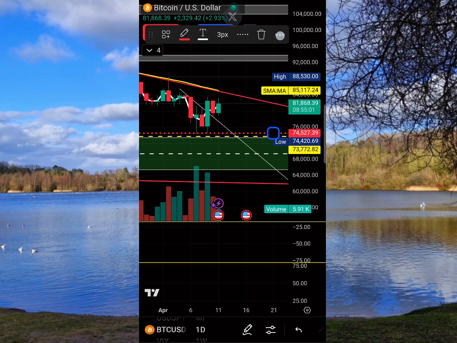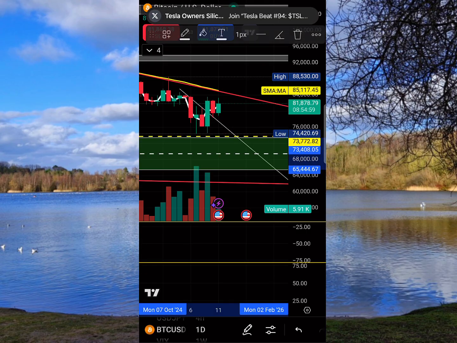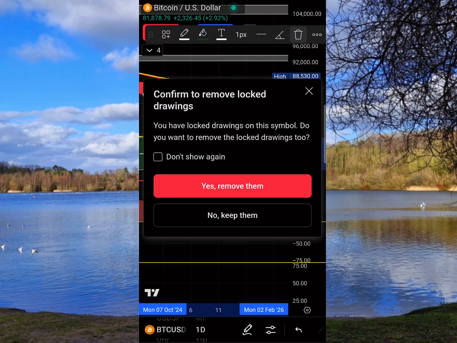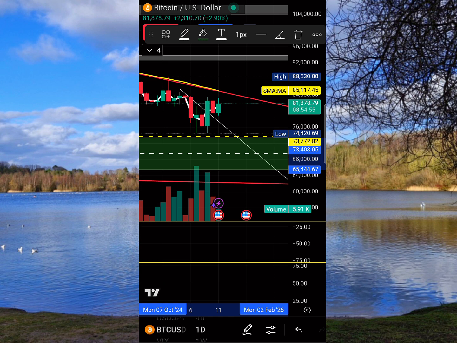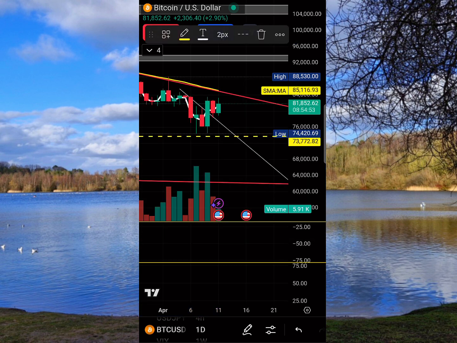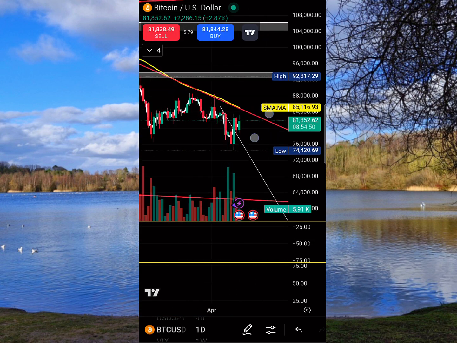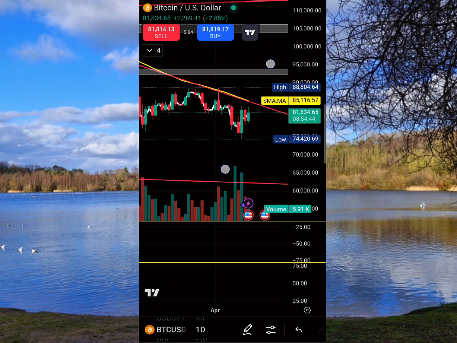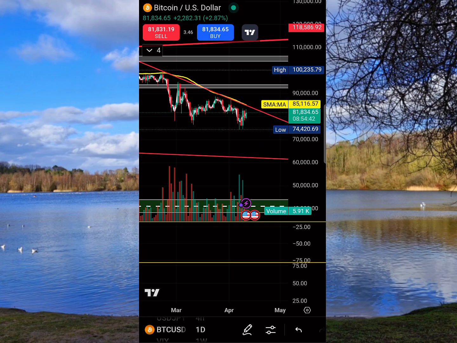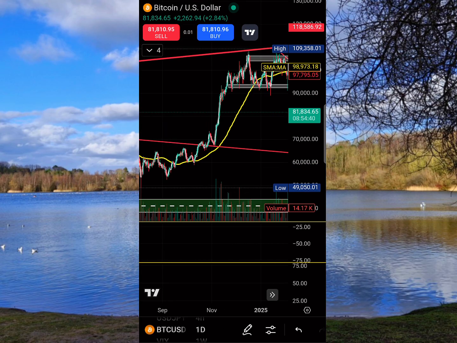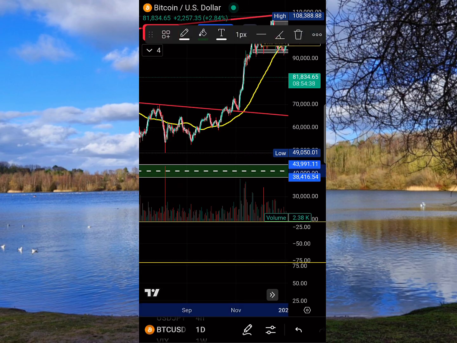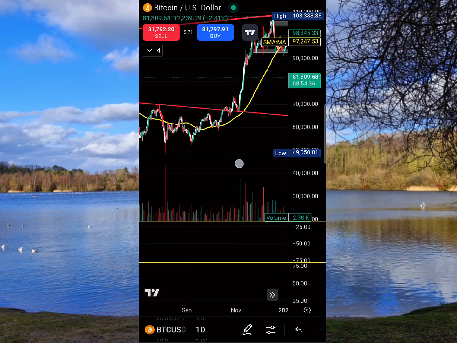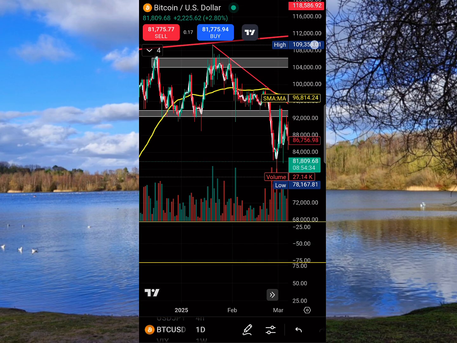That's the easiest way to do price action, and the easiest way to not go against the trend and always be trading in the right direction instead of getting stopped out. So let's mark this chart up for Bitcoin.